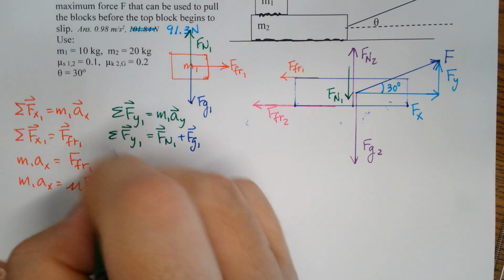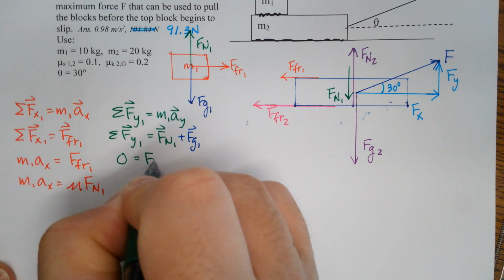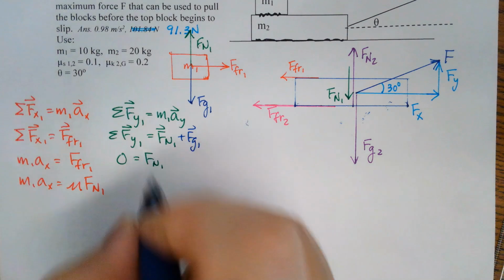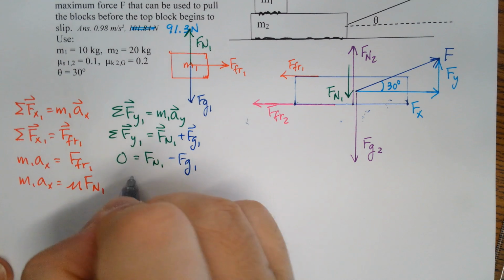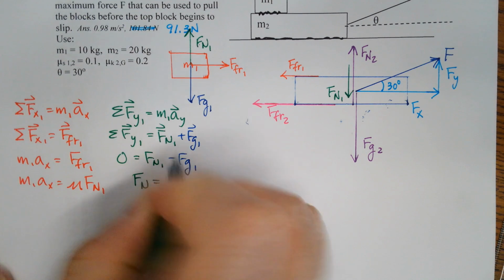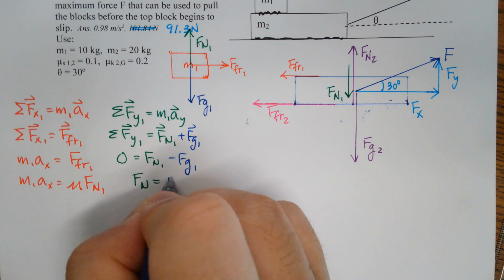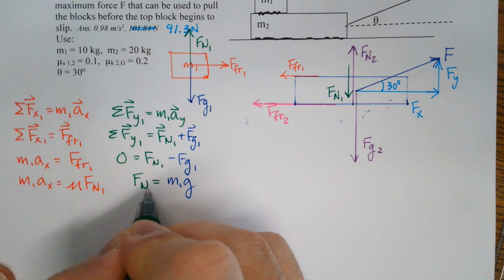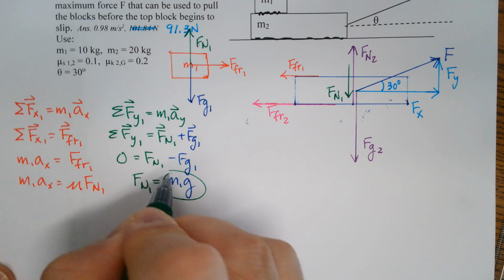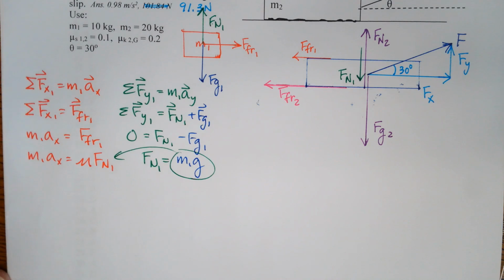So you could say 0 is equal to F normal 1 minus Fg1. So your F normal 1 is equal to just m1g, right? So you can substitute that m1g into my F normal 1 here.